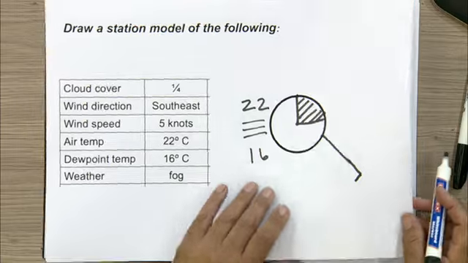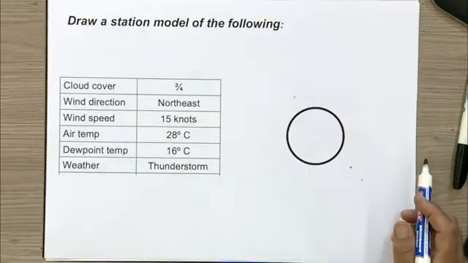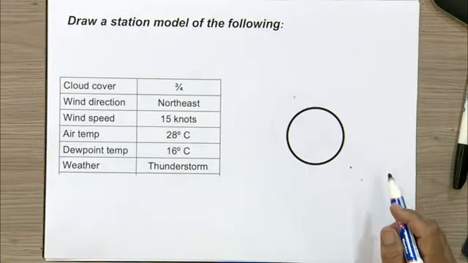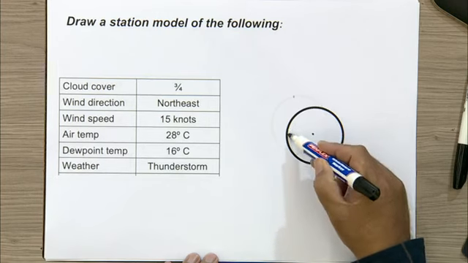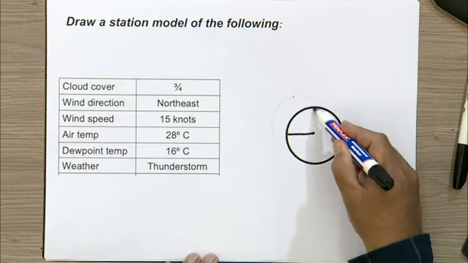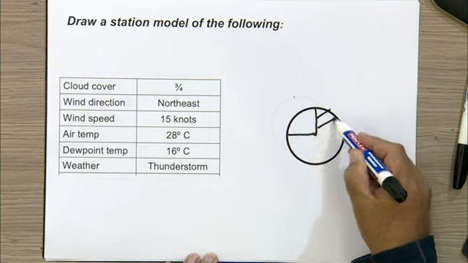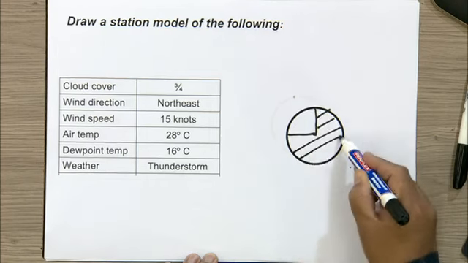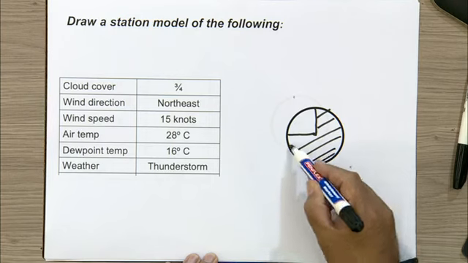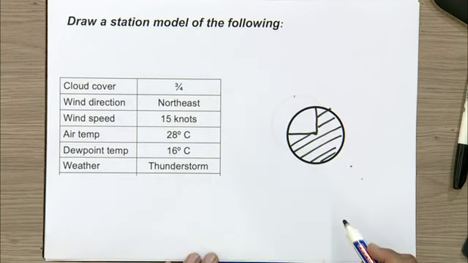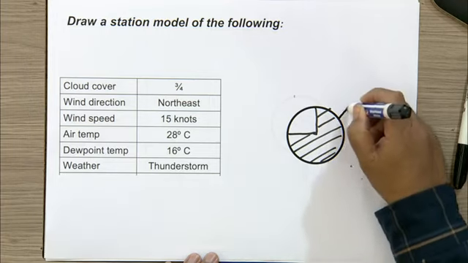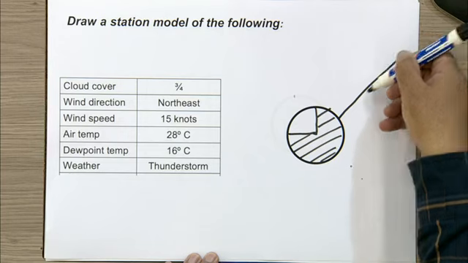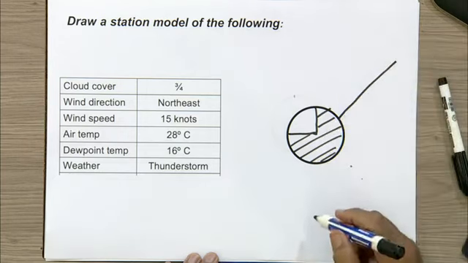Let's do another example. In our second example, the cloud cover needs to be 3/4 or 6/8. So once again, and we shade in. So that's 3/4 or 6/8 cloud cover. The wind has to come from the northeast. So we can see that's a northeasterly wind blowing in here.